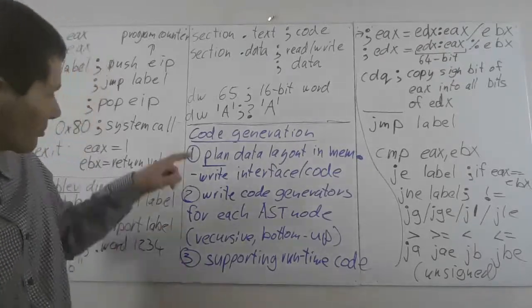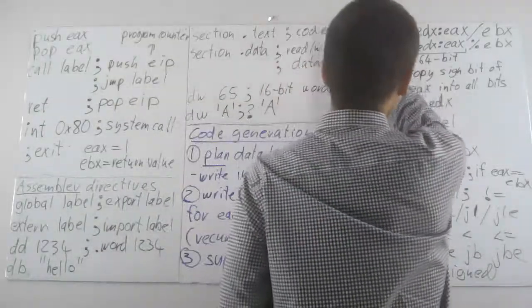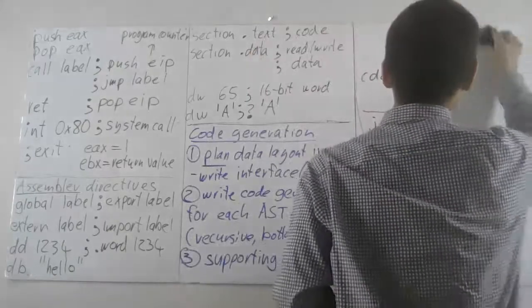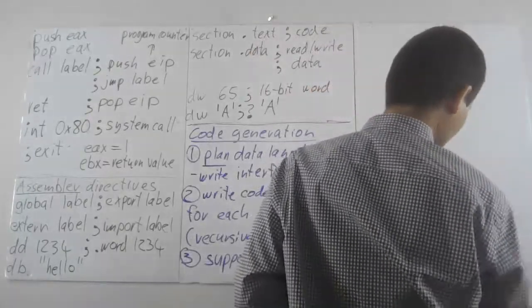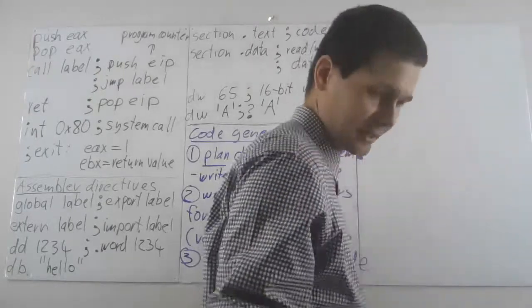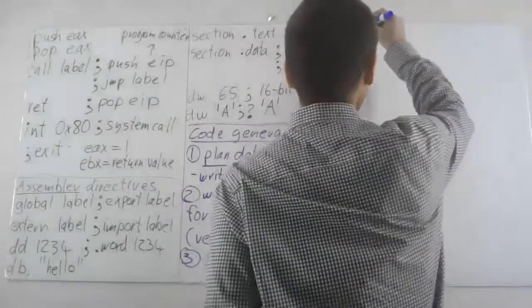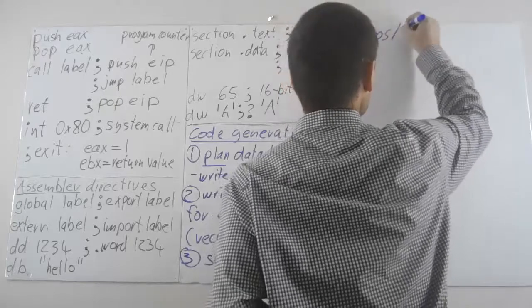Okay, so planning. Planning is important. Planning data layout, right? So how am I going to lay out my data in memory? Well, let's look at what data we need to lay out, right? So what data is there in Java? Okay, and do stop me if there's questions.